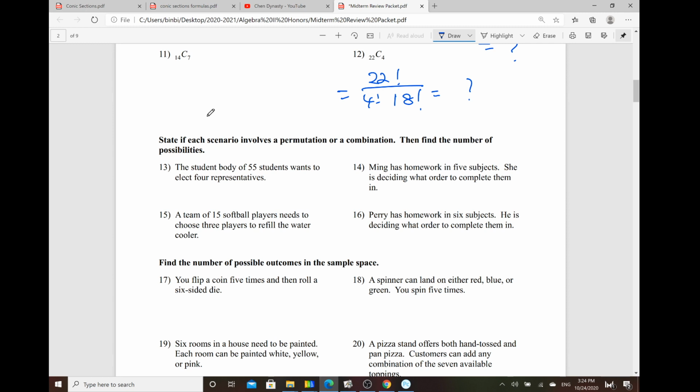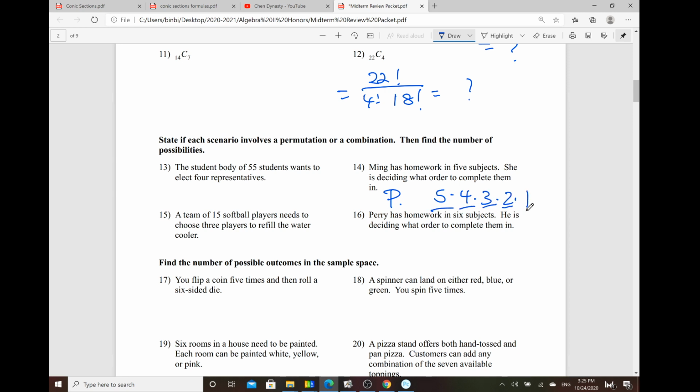So state whether each scenario involves a permutation or combination, then find the number of possibilities. So 14, Ming has homework in 5 subjects, and she's deciding what order to complete them. Anytime it's considered what order to complete, what order to follow, that means it's a permutation. And the way to come up with the possibilities is 5 times 4 times 3 times 2 times 1.